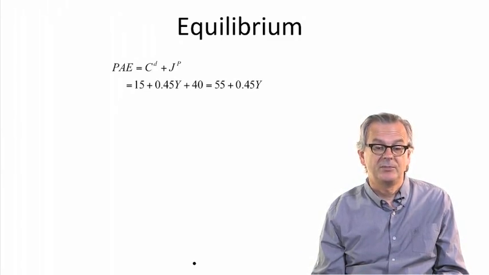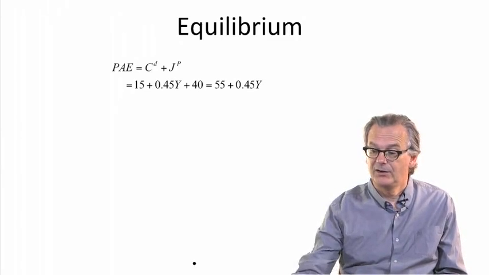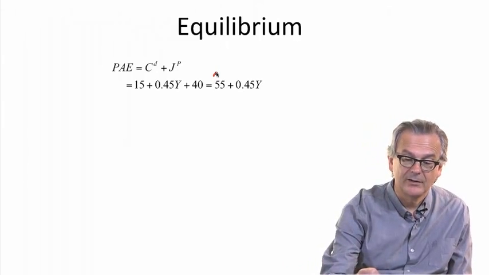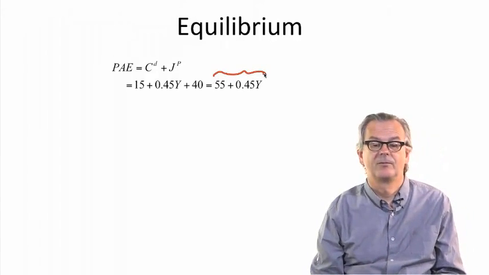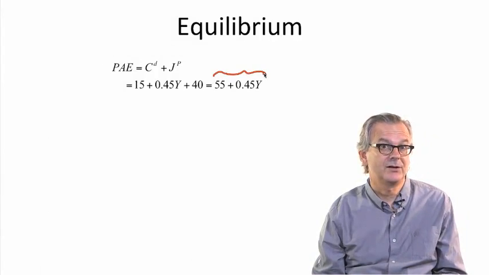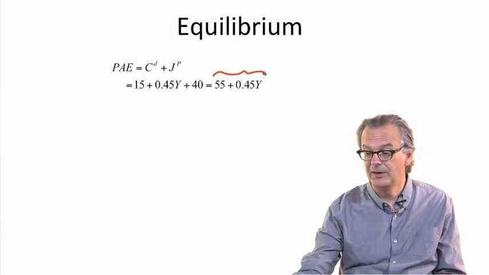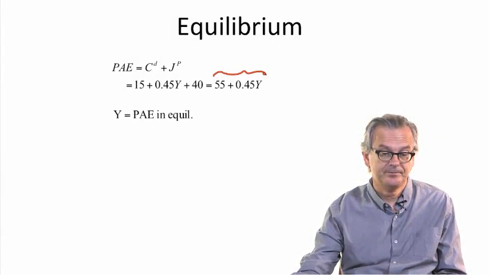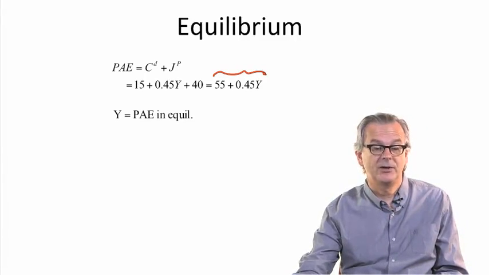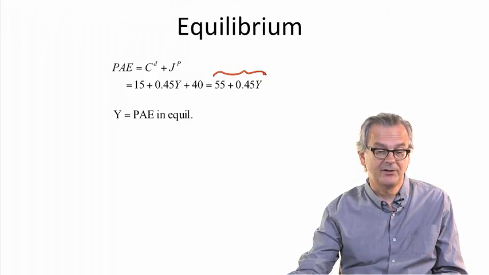We know the economy's planned aggregate expenditure can be represented by this little equation here. We use that information in the construction both of the table and of the diagram. We know that in equilibrium, the economy's GDP must equal planned aggregate expenditure.